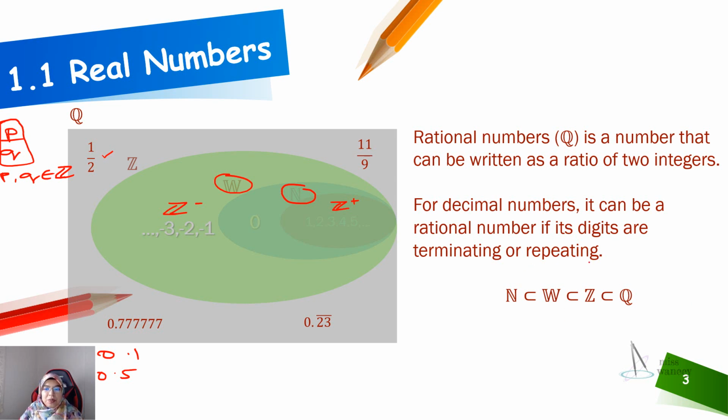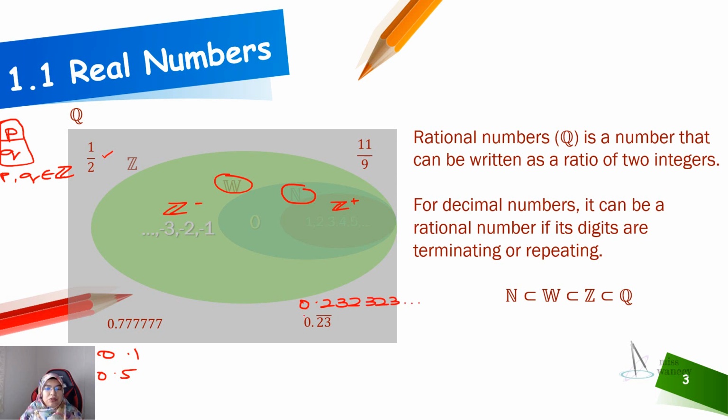Another one is repeating. Repeating means we keep on repeating the same number. For example, 0.23, as long as you can see a bar on top of the 23, it simply means that we're going to keep on repeating 23 infinitely many times, of course. So 0.23, 23, 23, and so on.